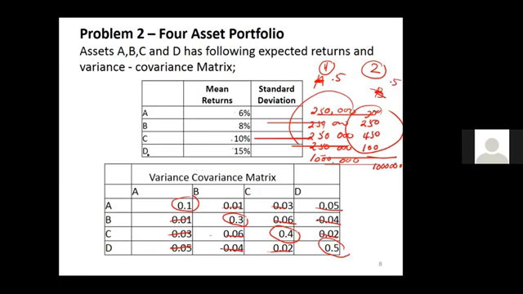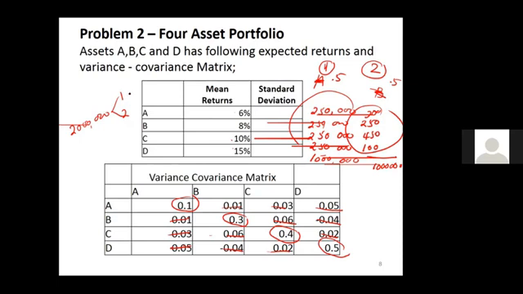Or otherwise, you have 2 million rupee now. You can decide here, you have two portfolios, portfolio one and portfolio two. You can decide how much you invest in portfolio one and portfolio two.